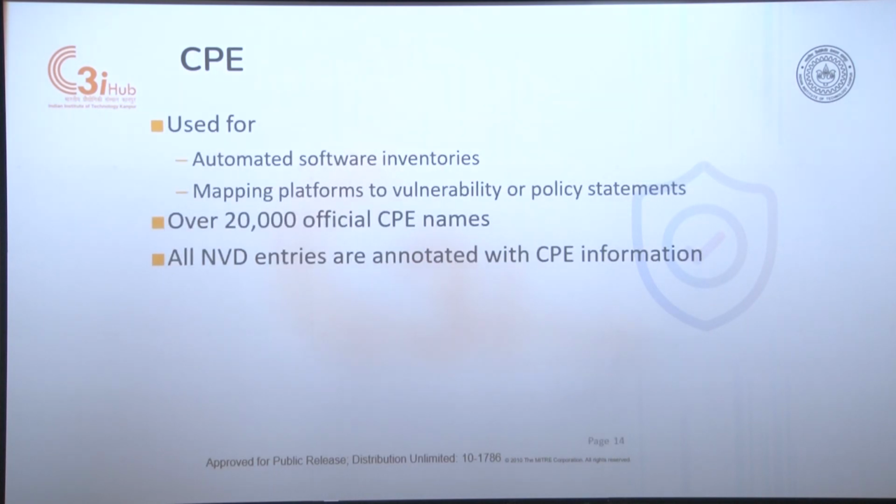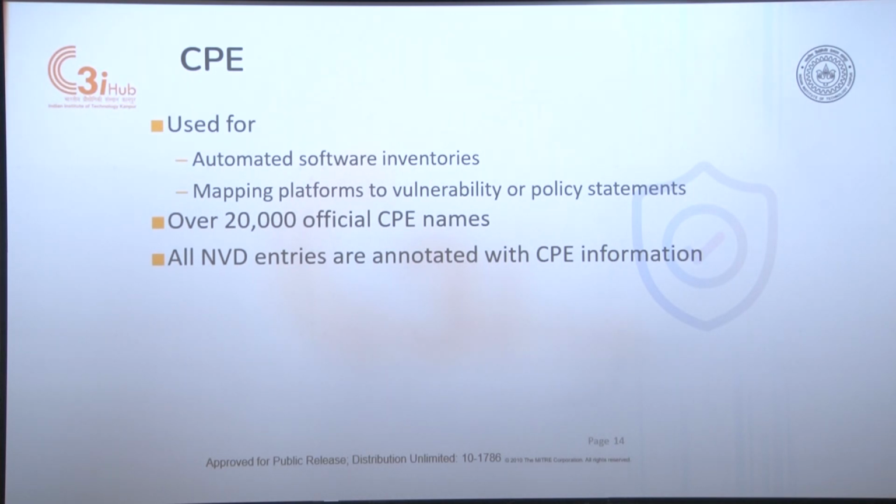So it is used for automated software inventories. When you do software inventory, or various kinds of asset inventory, you can use CPE to uniquely identify them. Also you can map the platforms to a vulnerability or policy statement. So you can talk about both vulnerability CVEs associated with CPEs.